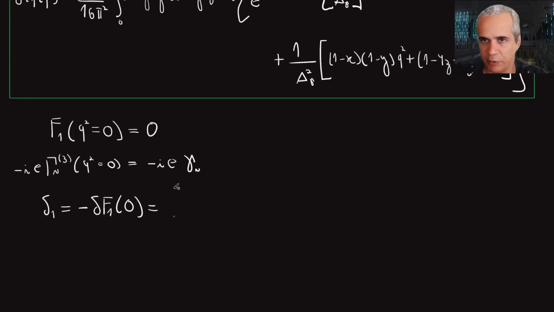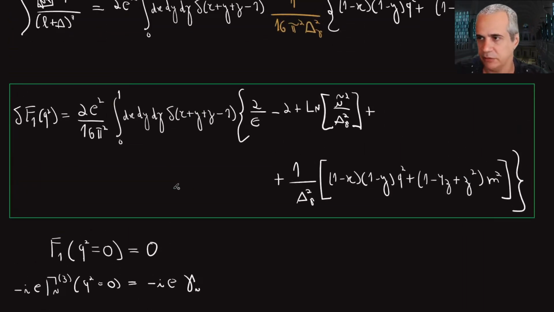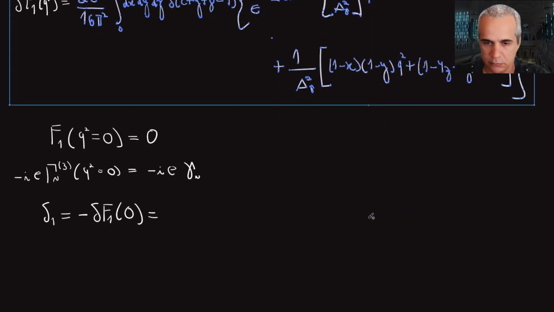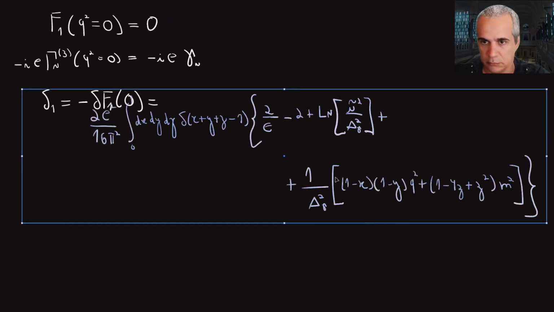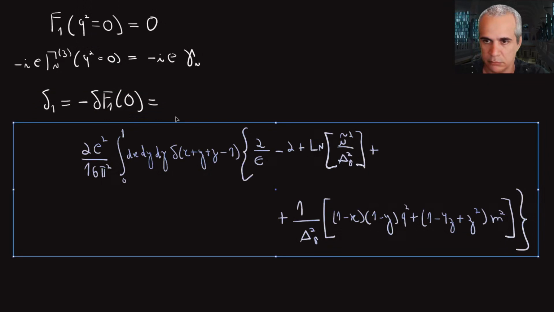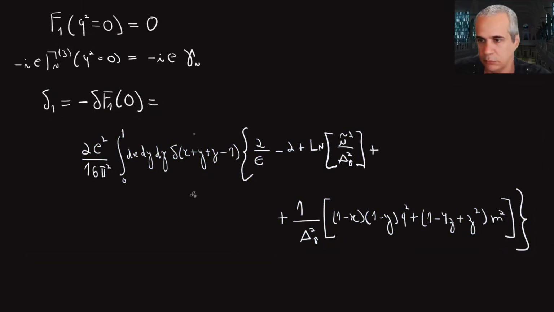Now I can copy this expression here. There's this minus, which I'll put here, right? And now I have to set q squared to 0 everywhere here.